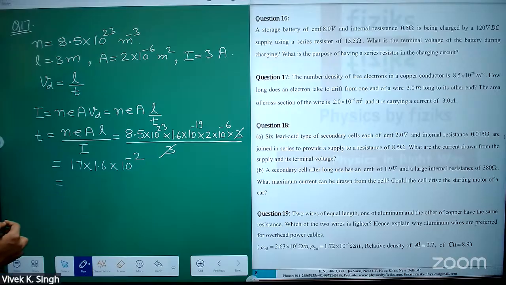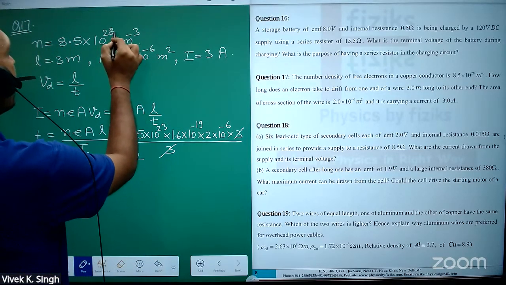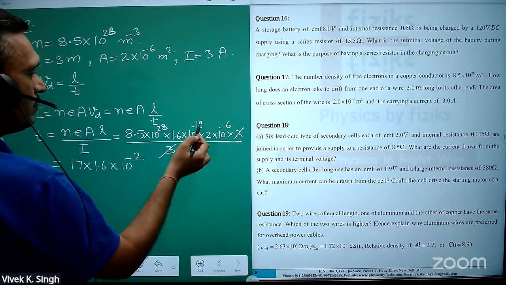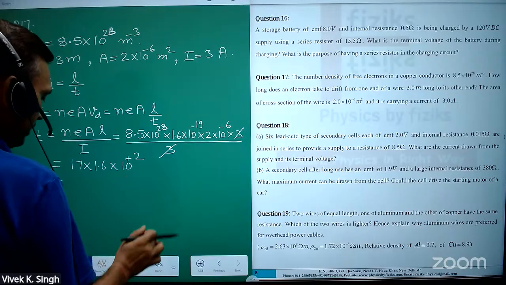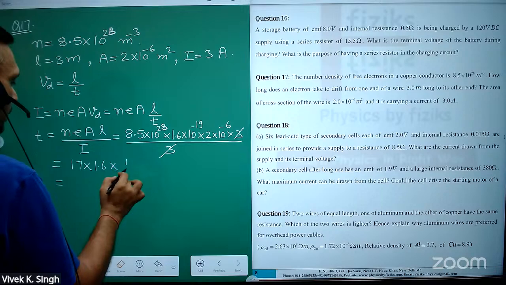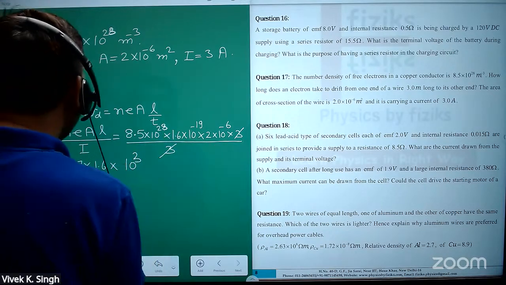This is 10 to power minus 6. This is 10 to power 28, please correct it. So this will be 10 to power 3, 28 minus 25, 3.